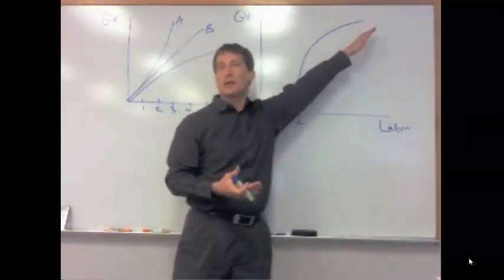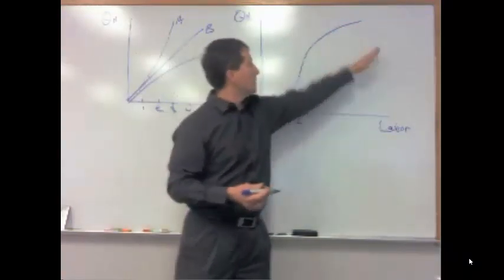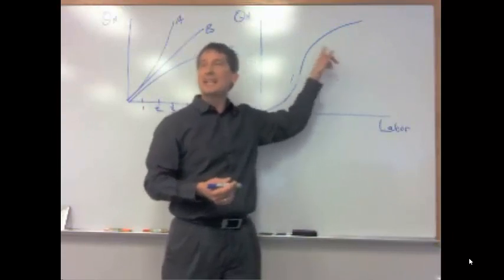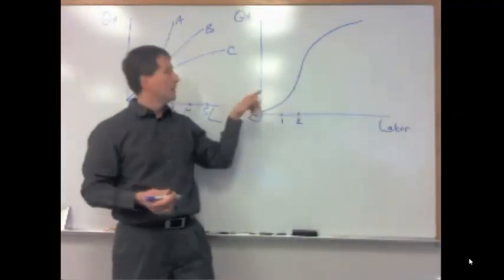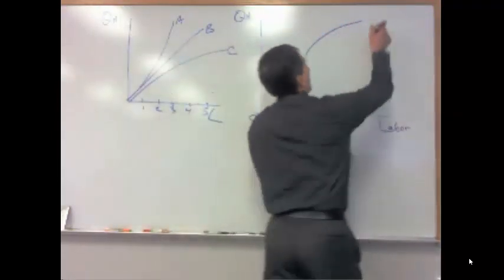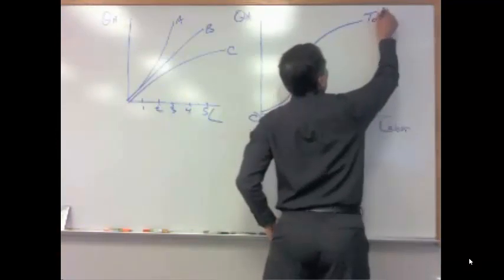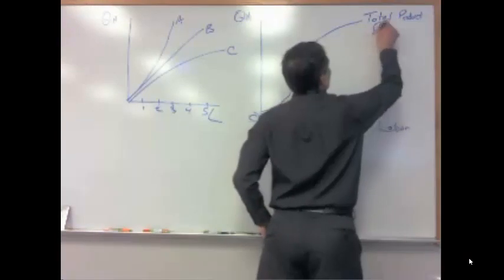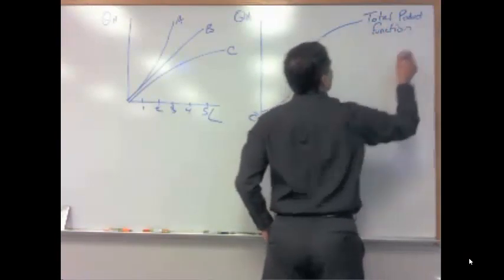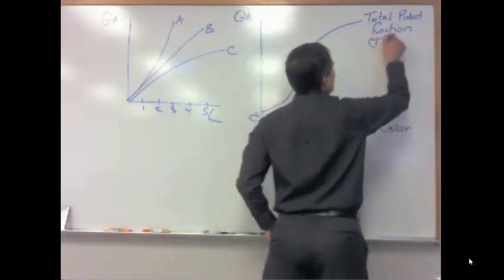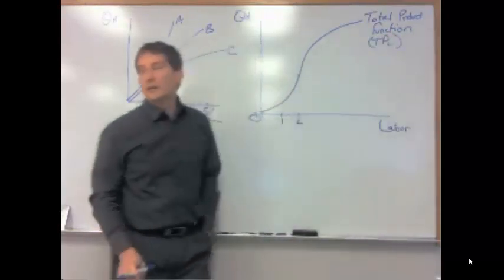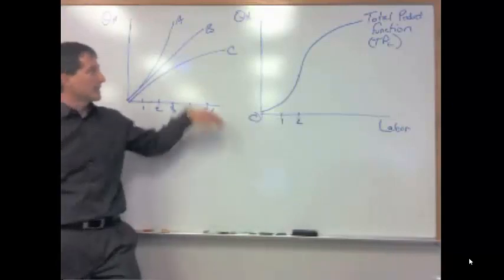It's an increasing function, but we believe more in this thing here kicking in, that it's going to be increasing at a decreasing rate. So that gives us the shape of the total product function or curve. The total product of labor, shorthand here, TP subscript L, looks like this.